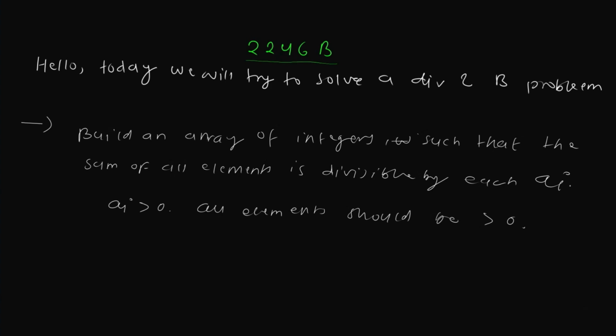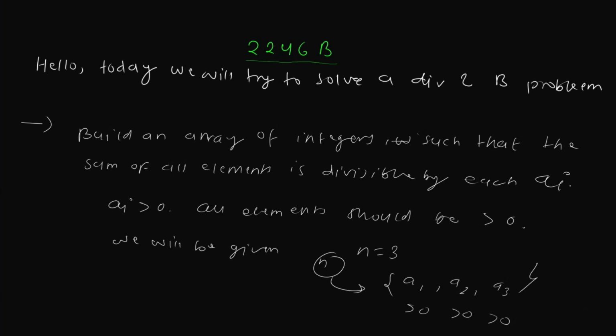So this is the question, and we will be given n, which will be the size of the array we are going to build. Suppose n is equal to 3, then we have to build an array which will have 3 integer values, each greater than 0.